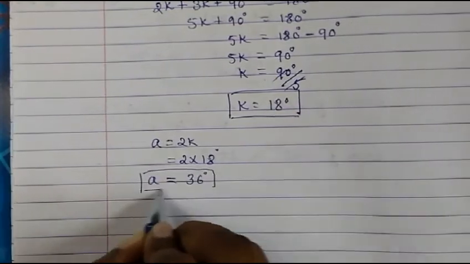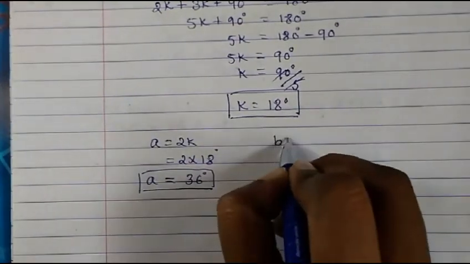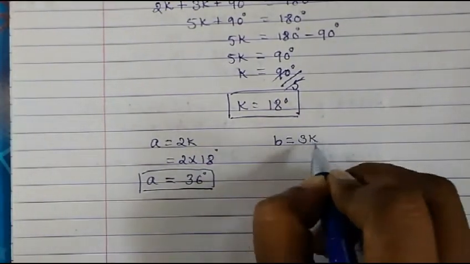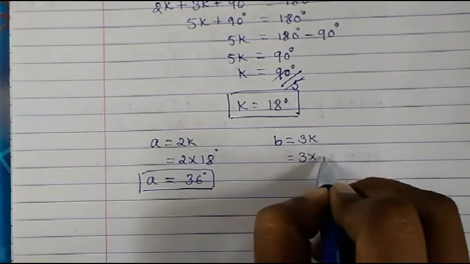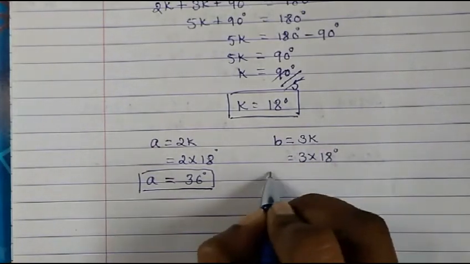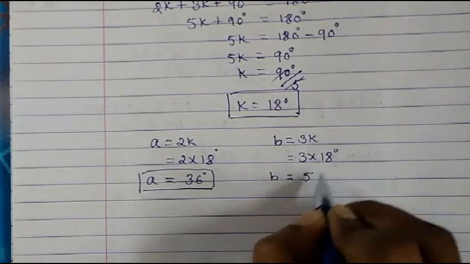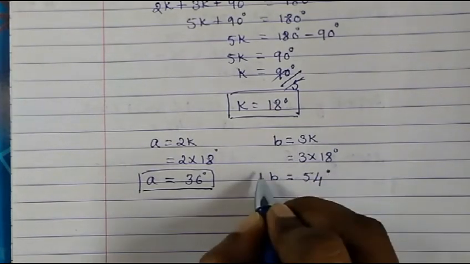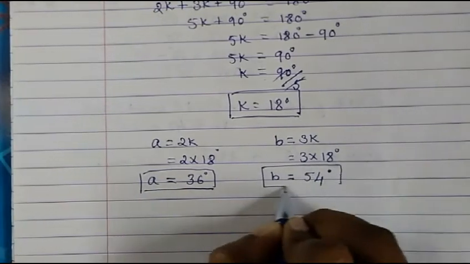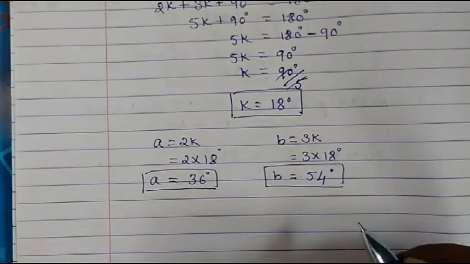So we found the a value. In the same way, b equals 3k, so 3 into 18 will give us 54. So we found the values of a and b.